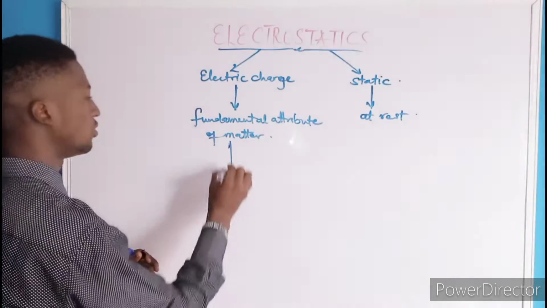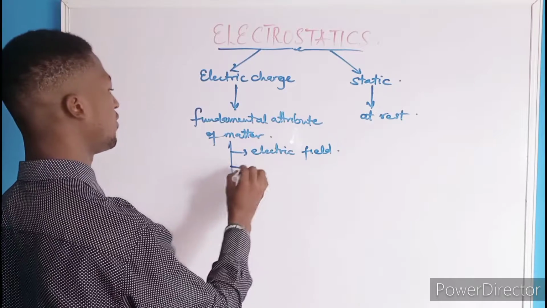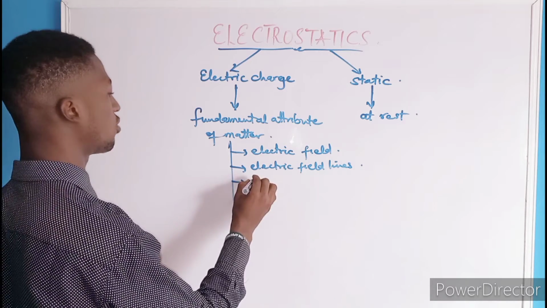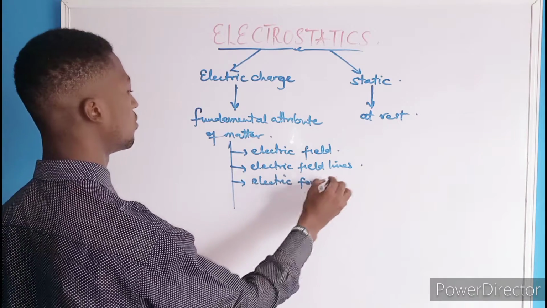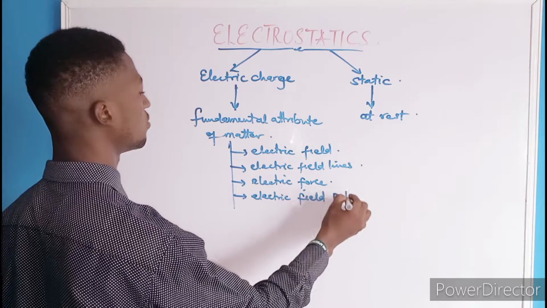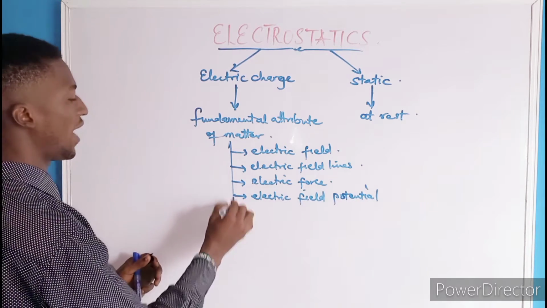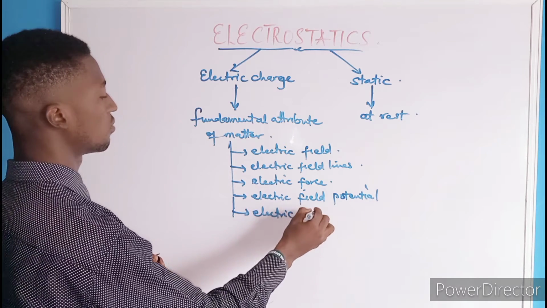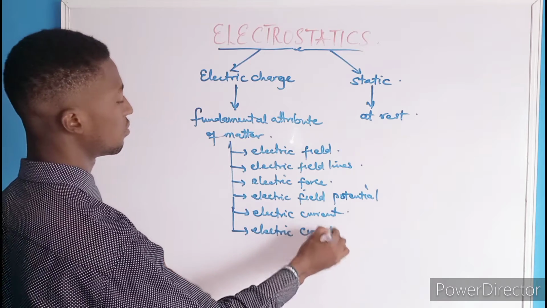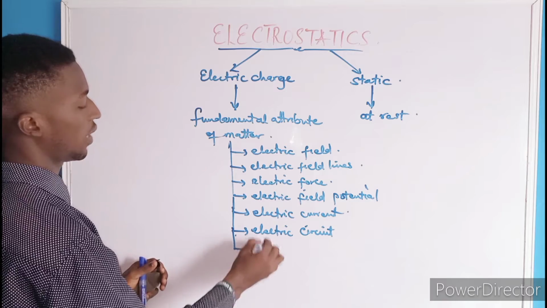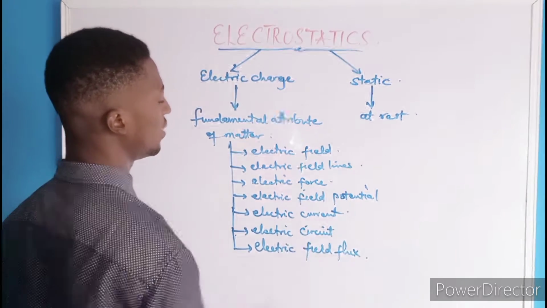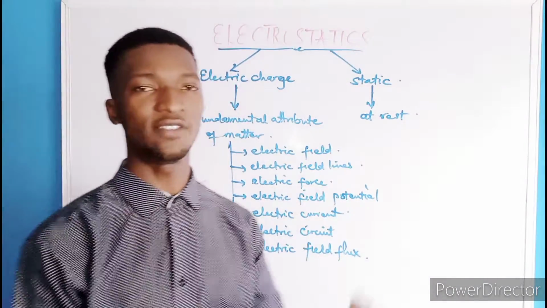These include the electric field, the electric field lines, the electric force, the electric field potential, the electric current, the electric circuit, the electric field flux, and many other aspects that the electric charge can result into.